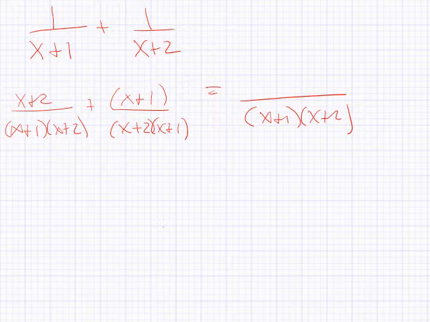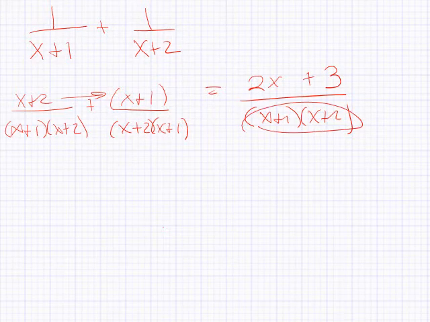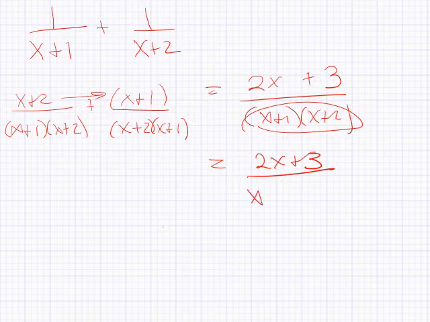You would then add your numerator straight across, giving you 2x plus 3. And you could multiply out this denominator, giving you 2x plus 3 over, what would that be, x squared plus 3x plus 2. Pretty easy. Okay, no big deal, something everyone should do by the time you get to Calc 2 for sure.